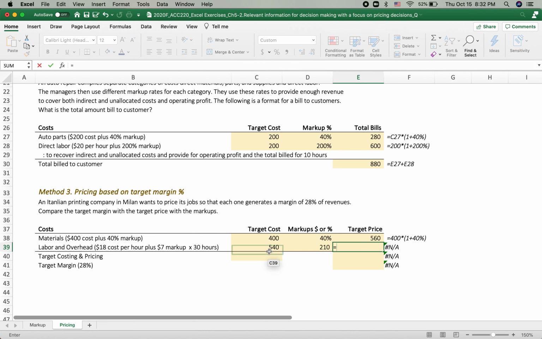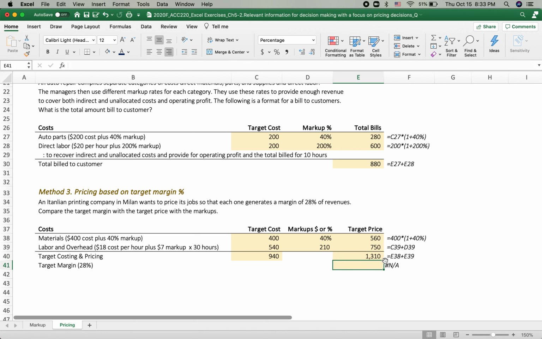So we just add this markup to get the target price. Total target cost is 400 plus 540, and the total target price is the sum of these two. So 1,310.